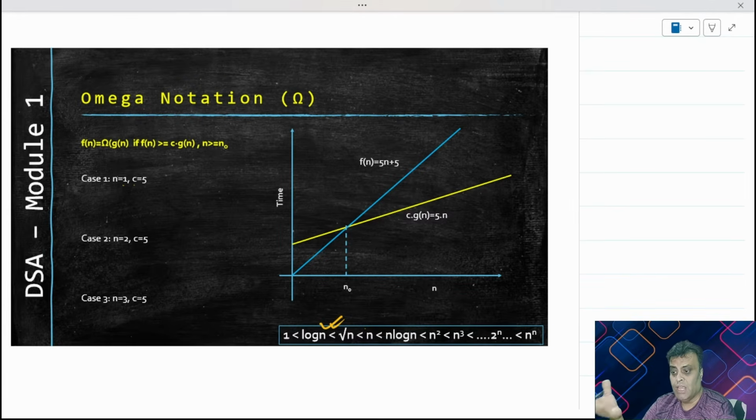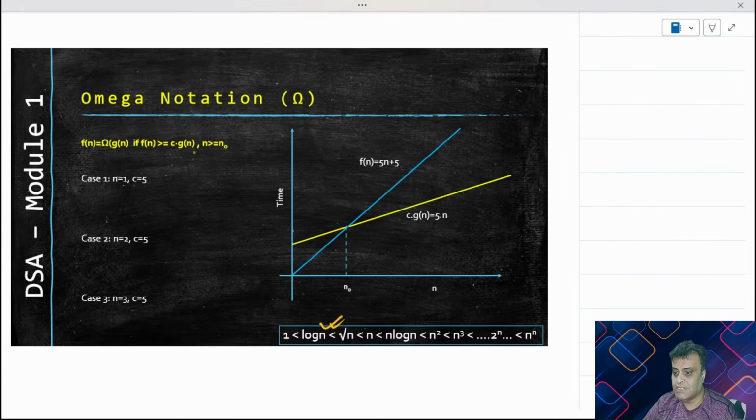Similarly, for big omega, what we are trying to prove for the lower bound is that if omega has a lower bound value of whatever that value is, then anything to the left of this particular omega value will have a lower bound which is valid. So if we find that n is a lower bound, anything to the left is a valid lower bound. That's what we will try to prove now.